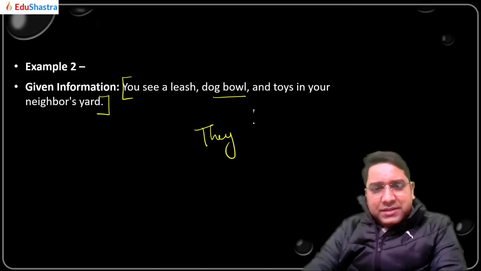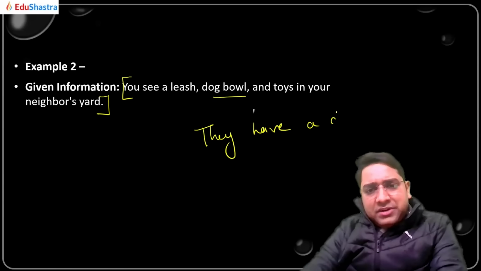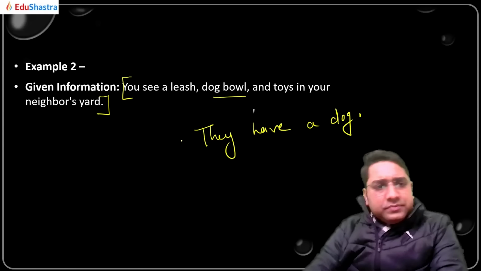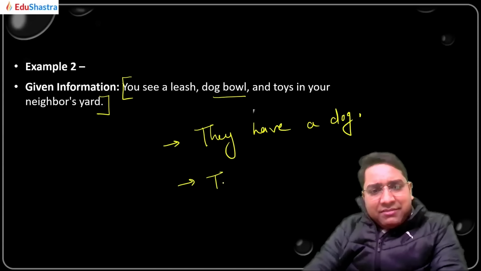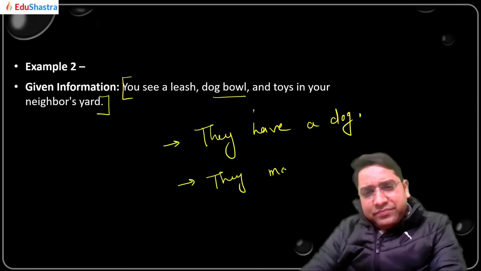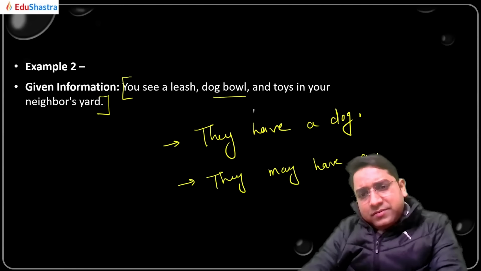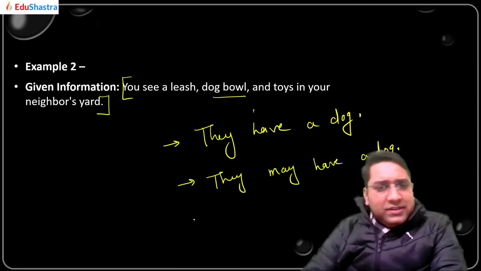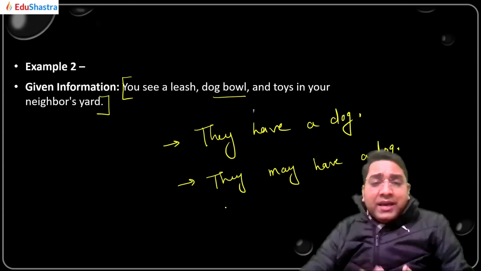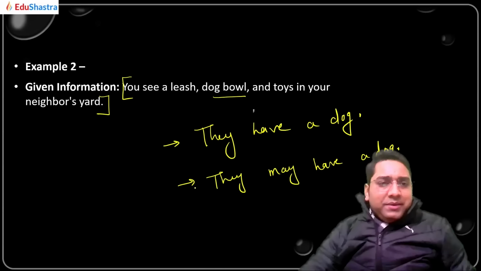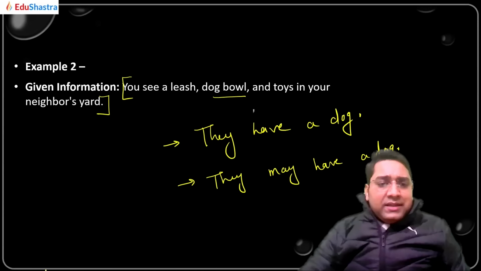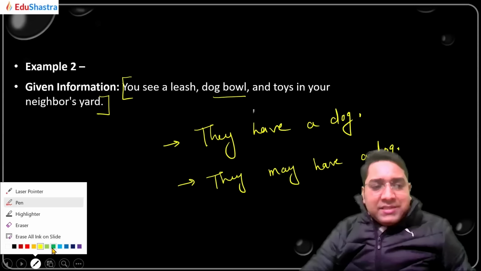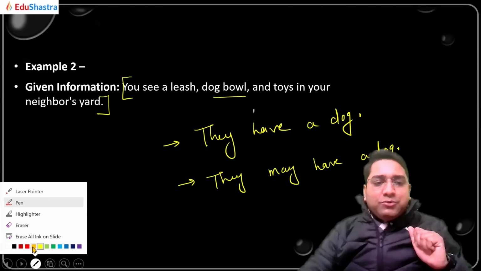Very interesting answer. They have a dog. They may have a dog. Very good, Aditi. Very good. Amazing. A dog can be there, or a dog may be there. And quite possible that the dog is not theirs. It's somebody else's dog.